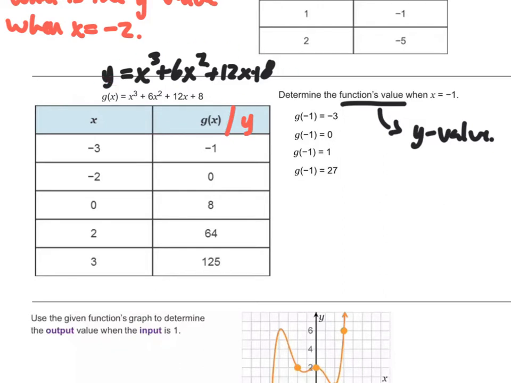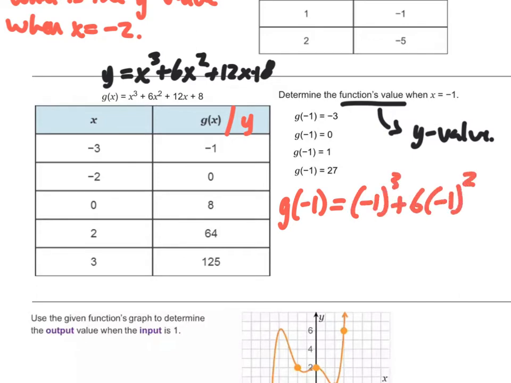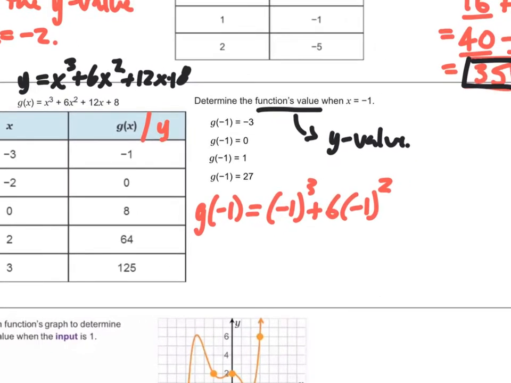So I'm going to do g of -1, and I'm going to plug in -1, so I'm going to get -1 cubed plus 6 times -1 squared plus 12 times -1 and then plus 8. Here's what I get. I've got -1 cubed.